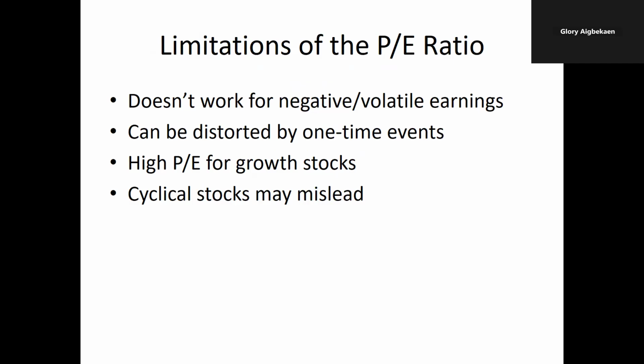So what we usually do is remove that profit from discontinued operations from the income statement, so that we can know exactly what the regular, sustainable earnings of the company are. Then another limitation is that you may have some companies that have a high PE. You've been wondering.